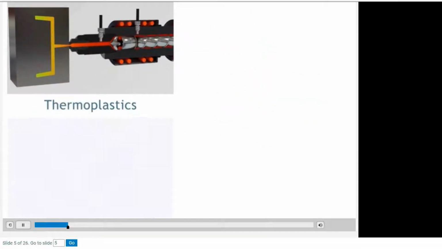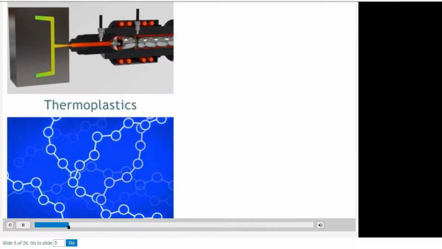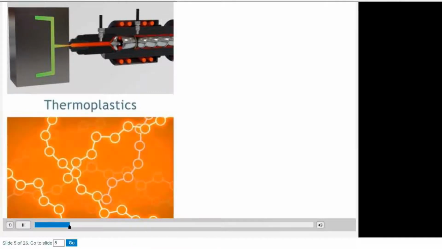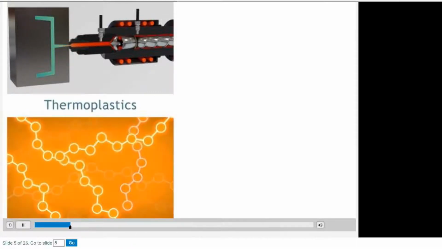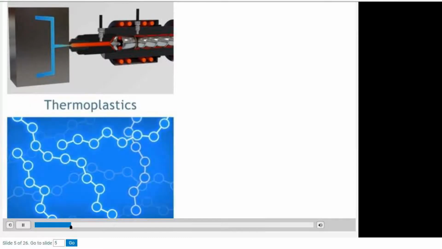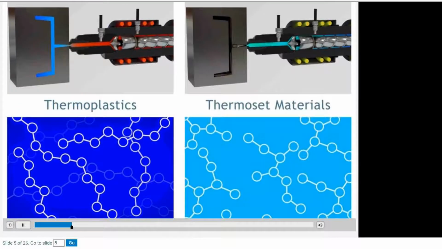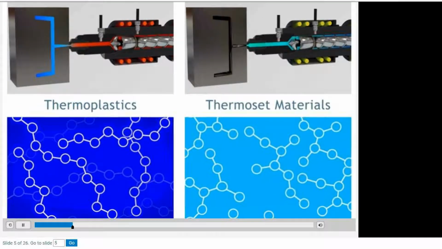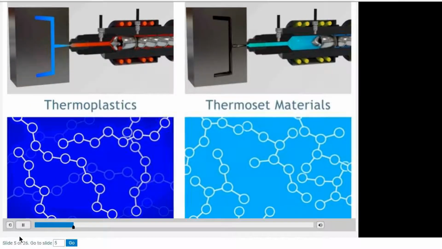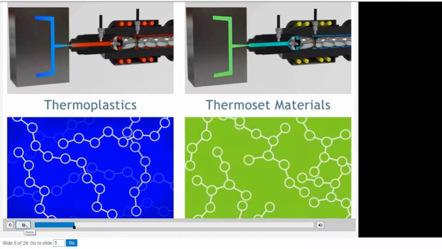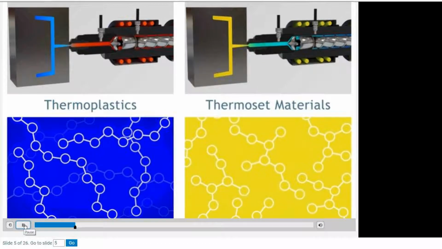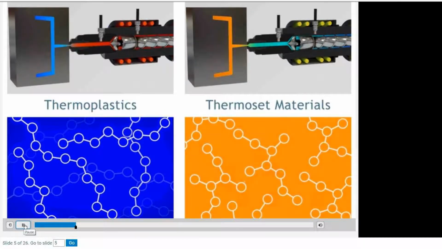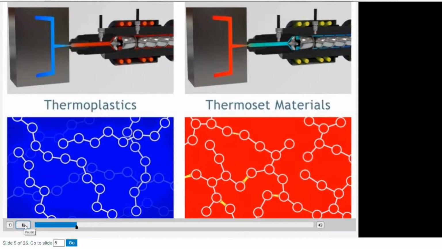These are polymers that melt by heating and solidify by cooling. Thermoset materials, generally rigid polymers, are injected at a low temperature and then cured with heat inside the mold. This creates an internal chemical reaction that forces the molecular chains to cross-link and form a solid molecular structure.